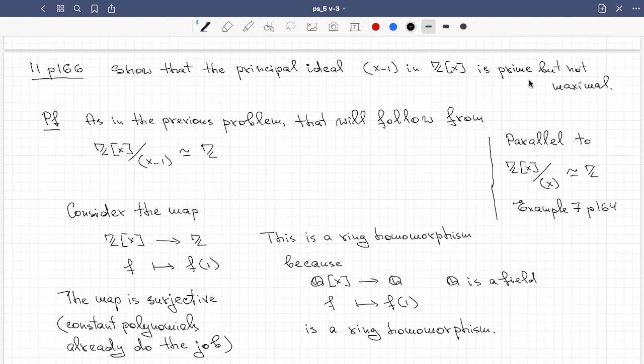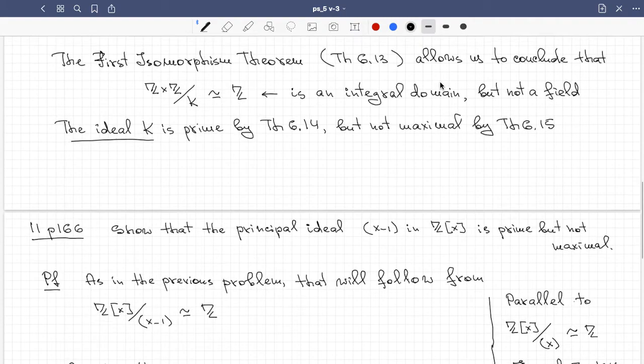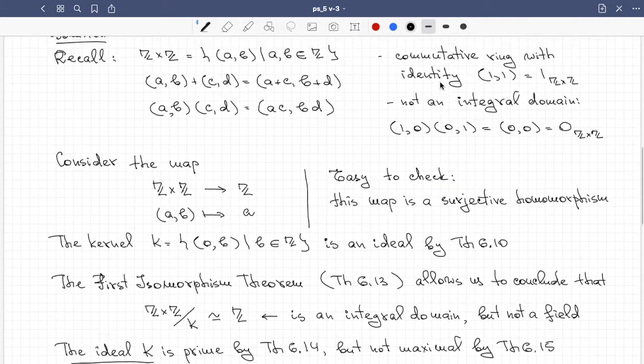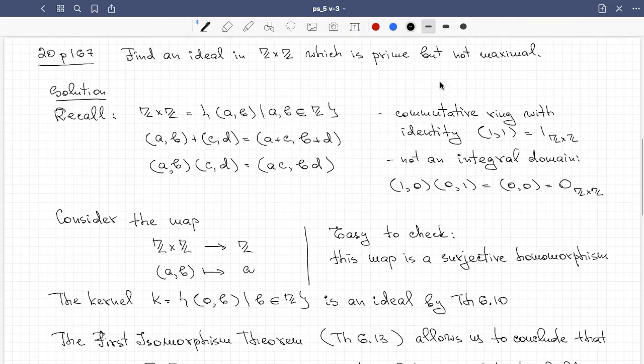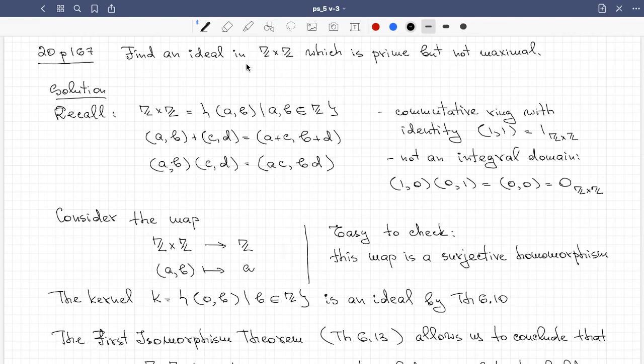We found it very similarly to the previous problem. This example is a little bit better because in the previous problem, that is a kind of cheating. That ring has zero divisors. It is not an integral domain.